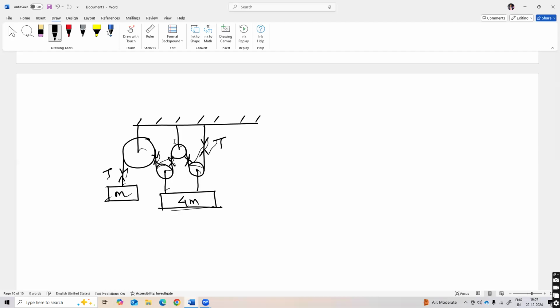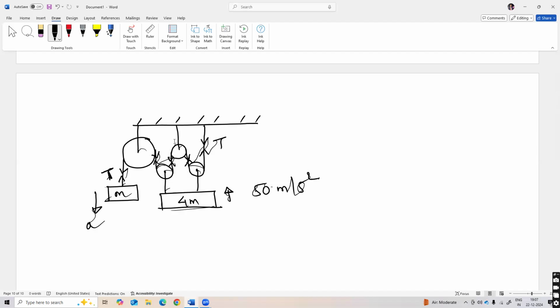So let's say in this case the acceleration of this bigger block is given as some value, 50 meter per second square. We have to find the acceleration of this smaller block. You know that since this is a single string, tension will be the same.